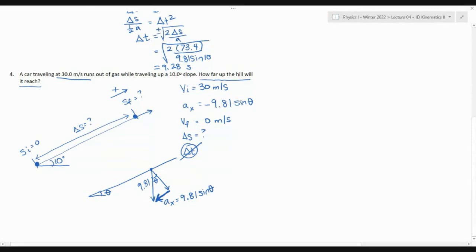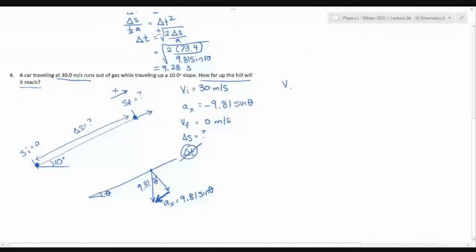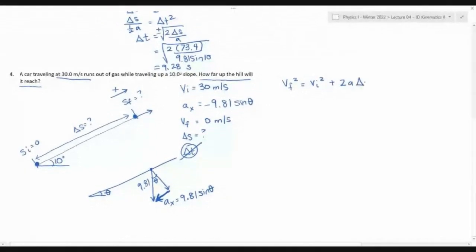Because delta T is the one variable we don't know and we don't need to know, we're going to use the kinematic equation that doesn't have delta T in it. So that's this one: V final squared equals V initial squared plus 2A delta S. Right? So we're solving for delta S.